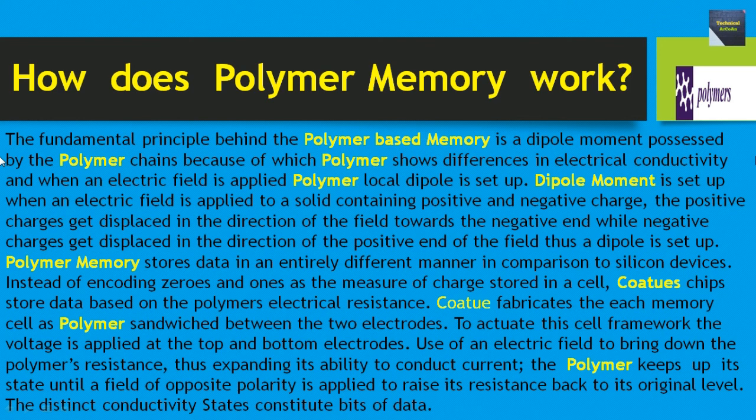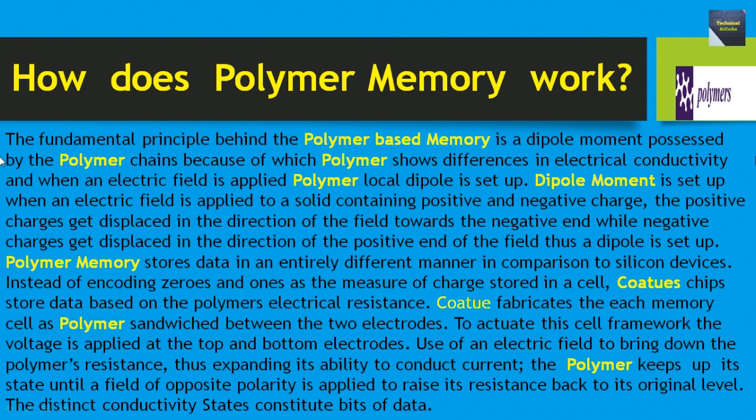To actuate the cell, a voltage is applied at the top and bottom electrodes, using an electric field to bring down the polymer's resistance, thus increasing its ability to conduct current. The polymer keeps its state until a field of opposite polarity is applied to raise its resistance back to its original level. The distinct conductivity states constitute bits of data.